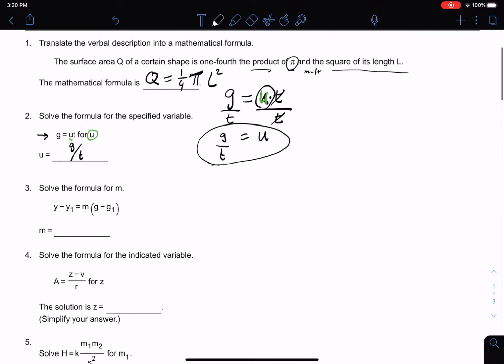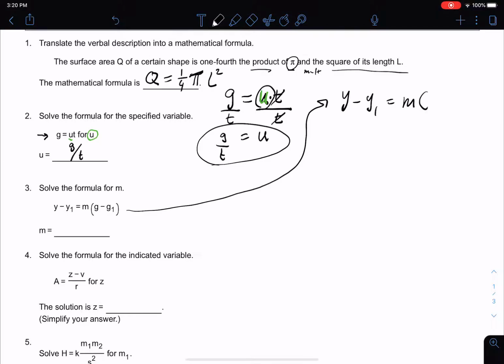Next problem, and for space, I think I'm going to put it over here. This problem says y minus y sub 1 equals m times the quantity g minus g sub 1. This subscript notation does not mean squared or have any kind of operator to it.